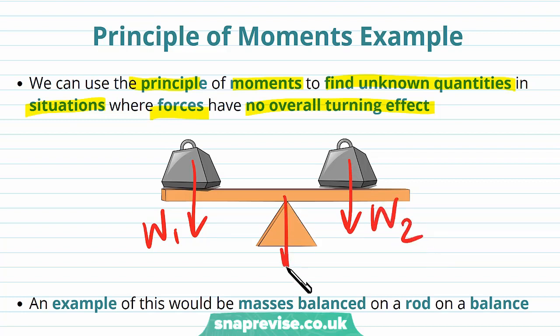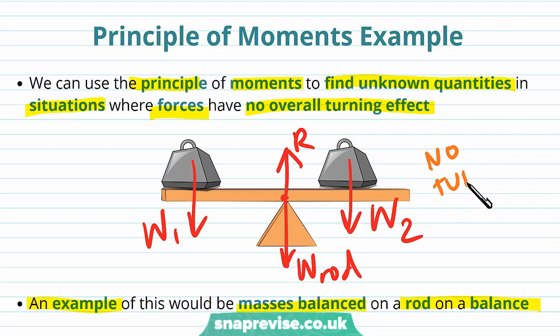And we've also got the rod's weight acting on it, and a normal contact force from the pivot. An example of this would be masses balanced on a rod which is also on a balance, and that's what we've got here. So if there is no turning effect, this allows us to find unknown quantities.